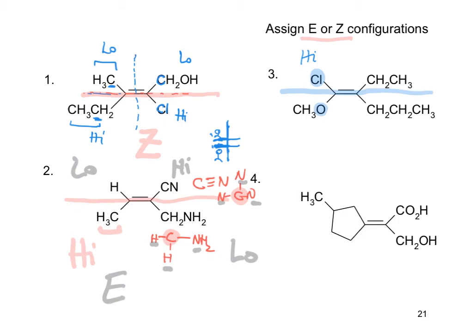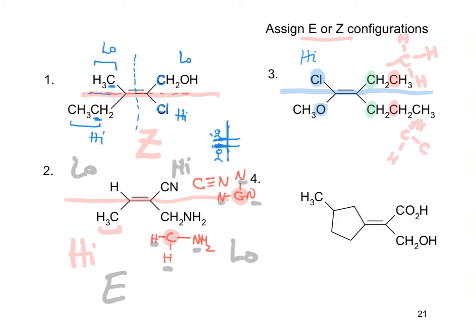And for the ethyl versus the propyl, we are going to go atom by atom. So that's a carbon against carbon. It's a CH2. We go to the next one. I find another carbon and another carbon. This carbon is going to 2 H's and a third H. This carbon is going to 2 H's and the third C, right?